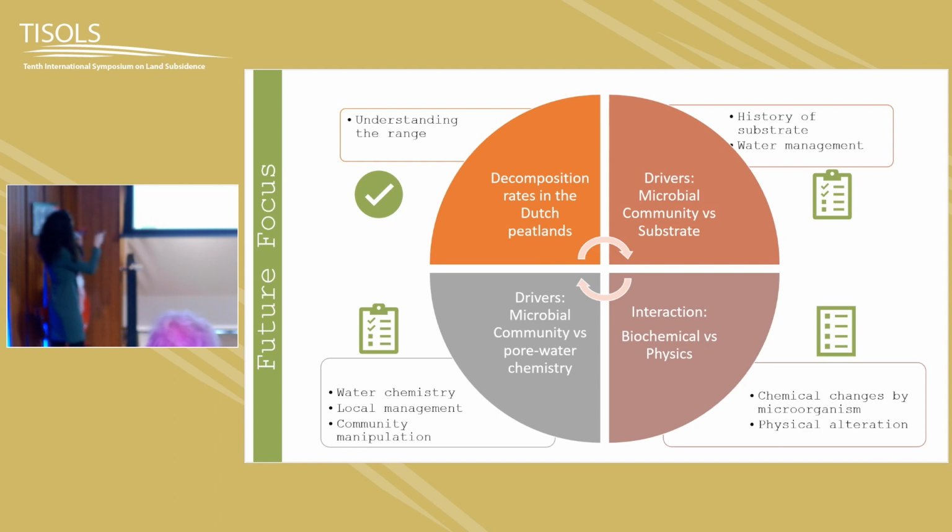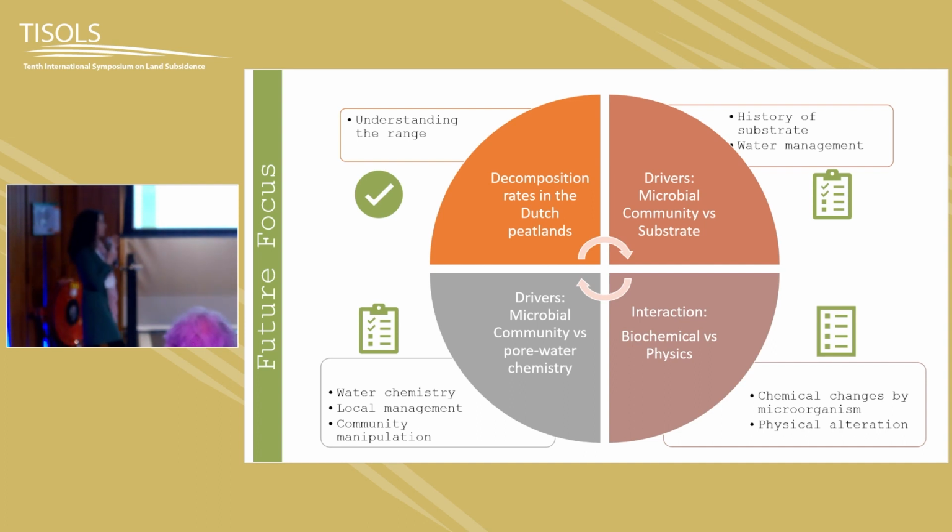First, we have already completed understanding the range of decomposition rates in Dutch peatlands. So now we have more or less an understanding of it, and we are halfway to understanding more of the drivers of this decomposition rate.